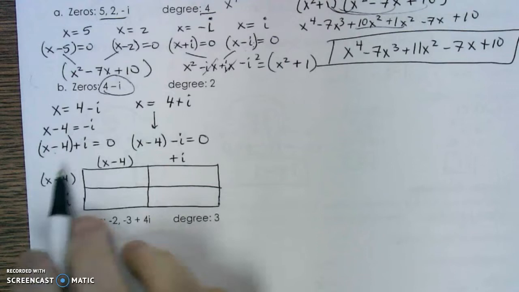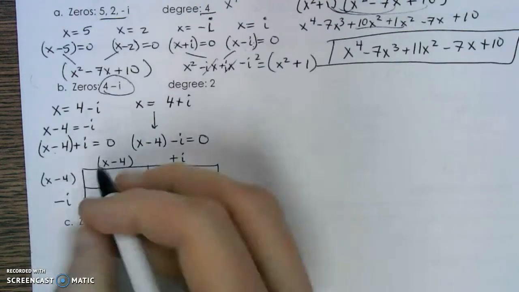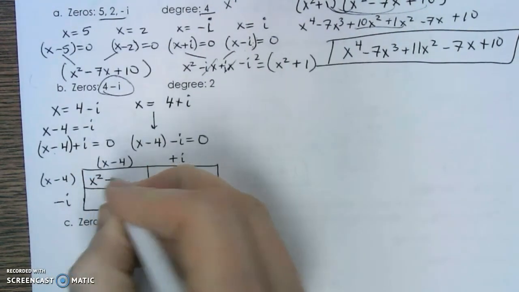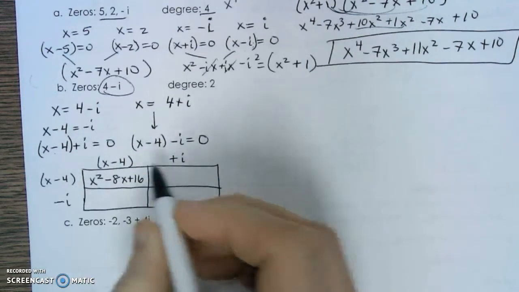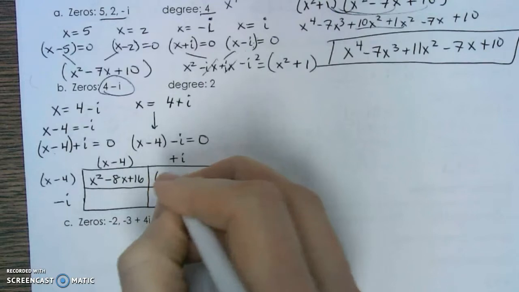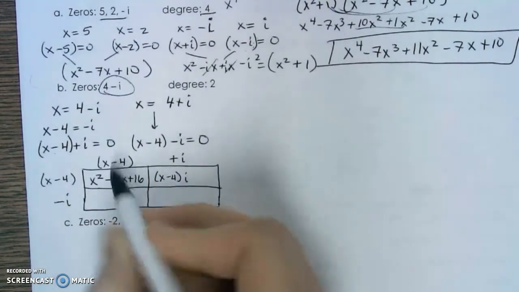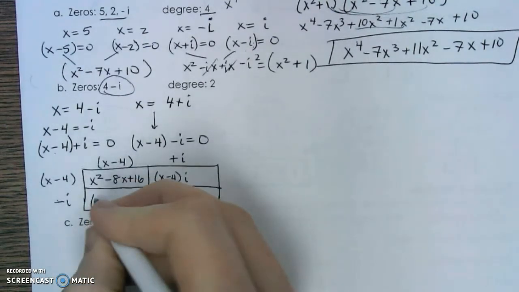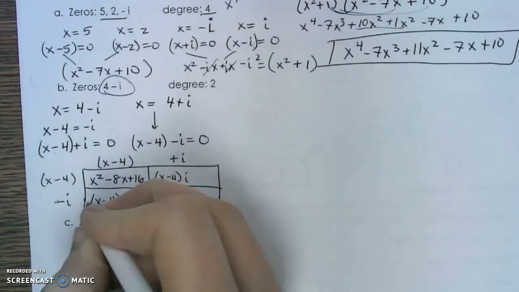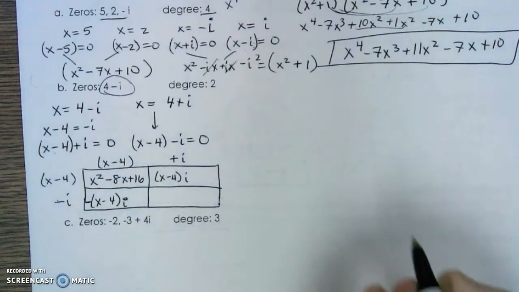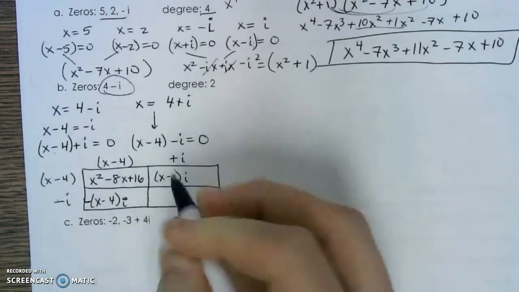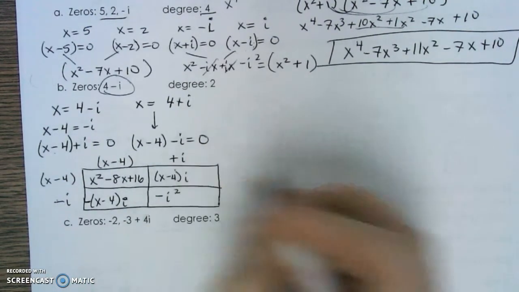So I've got x minus 4 times x minus 4, which would be x squared minus 8x plus 16, if you FOIL them. And then I've got x minus 4 times positive i in here, x minus 4 times negative i here. So I'm going to put a negative in front instead of right here, negative i. And then I've got i times negative i, which would be negative i squared.